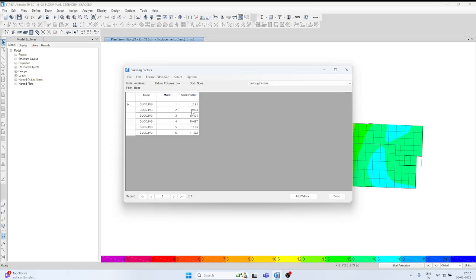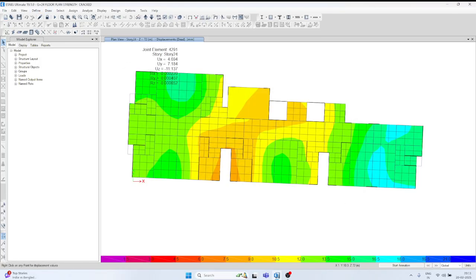See, there are the new scale factors you have obtained. There are six scale factors, but usually we consider only the first one. Just consider 8.91. Remember, the first buckling scale factor is 8.91.